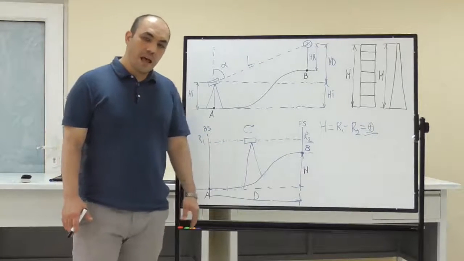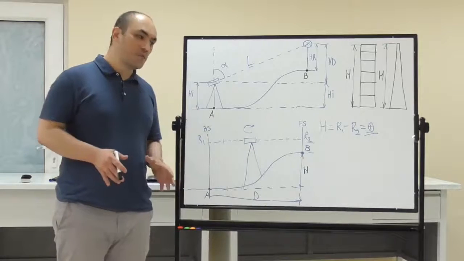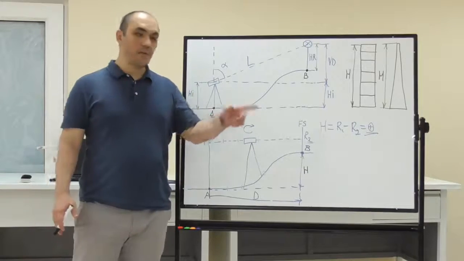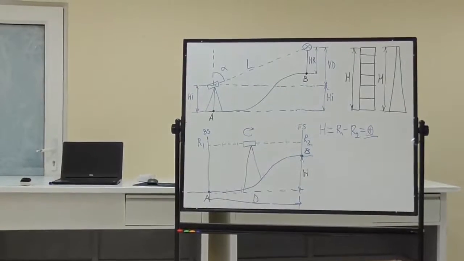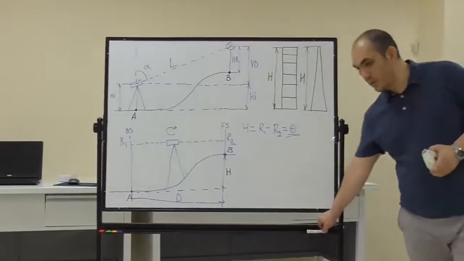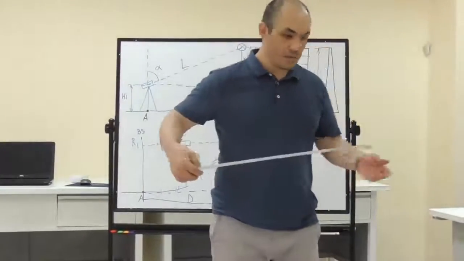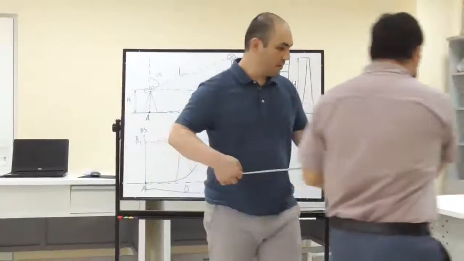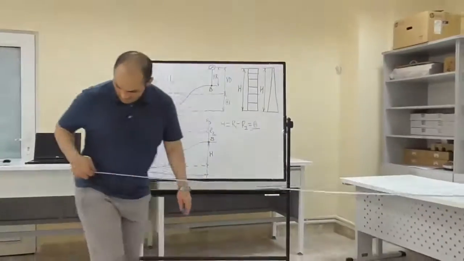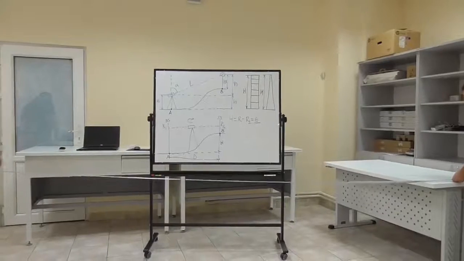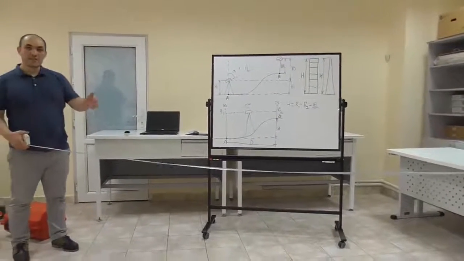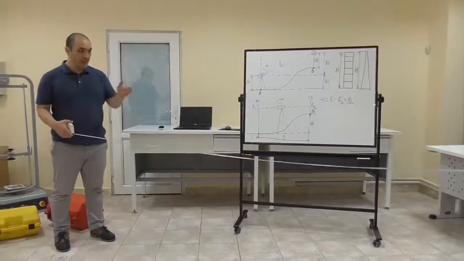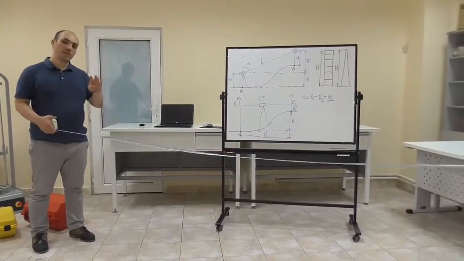First, I have to identify the distance between A and B, and I use a roller, and my colleague Daniel will help me. The distance between point A and B is approximately 4 meters.